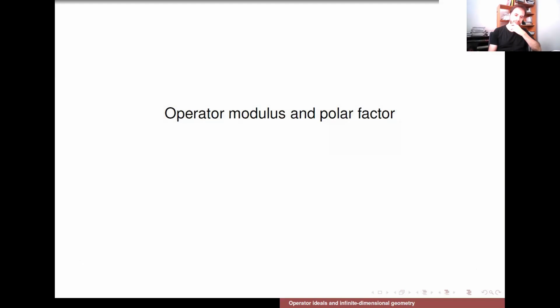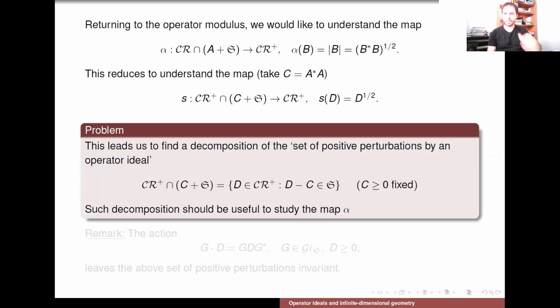Now we will use that result to study the operator modulus and the polar factor. So returning to our problem about the operator modulus, we have this map alpha, which is the operator modulus. To understand that map, of course, we need to understand the square root.